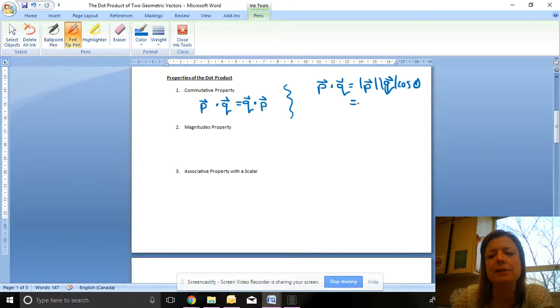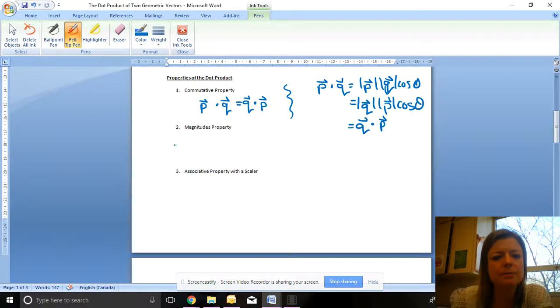Because these are just numbers, we know this is commutative, so we can write it in this direction. And the angle between them stays the same, and so that is just Q dot P.